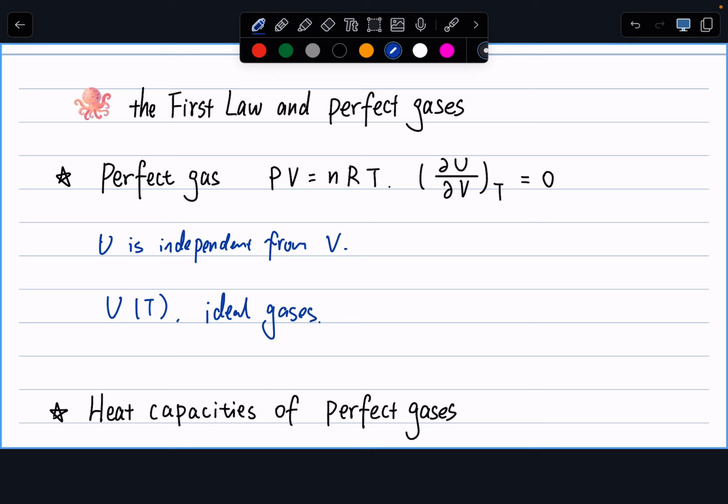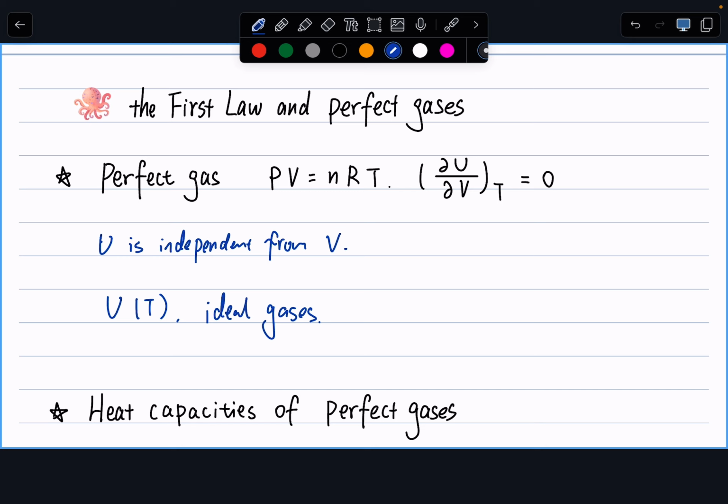This is one of the logic points you have to get a feel for. When we're saying ideal gases, we're saying the gas particles do not interact with each other. There are no intermolecular forces whatsoever. So that means it doesn't matter how far away your gas molecules are. They can be really close to each other or really far away from each other, but as long as we're treating them as ideal gases, they don't talk to each other.